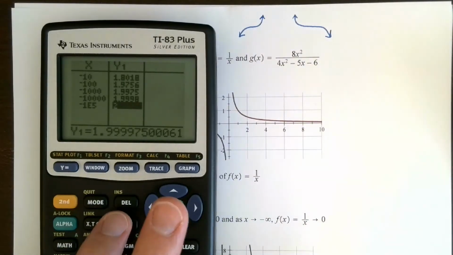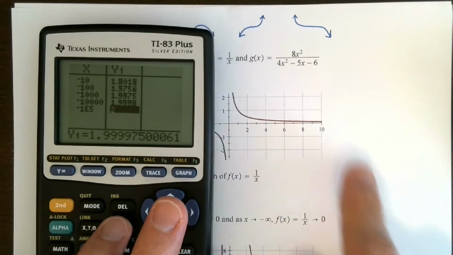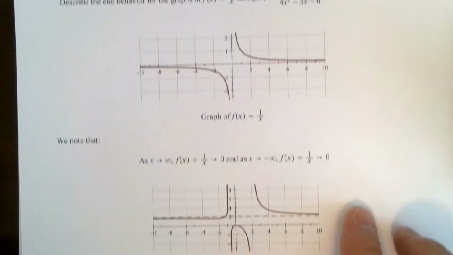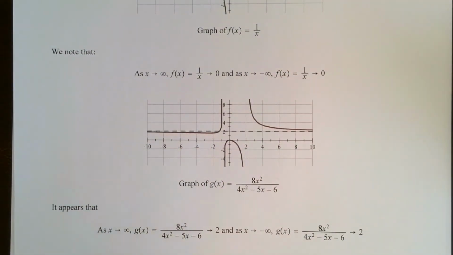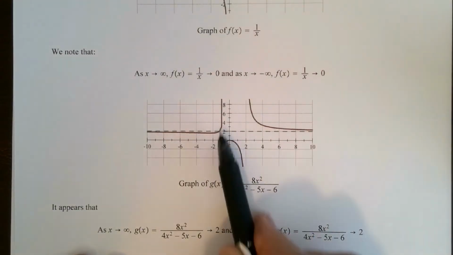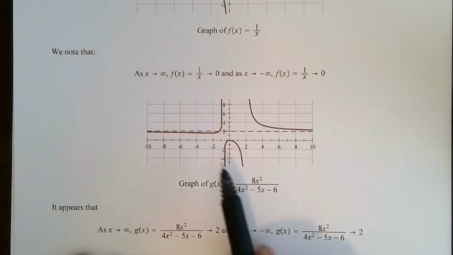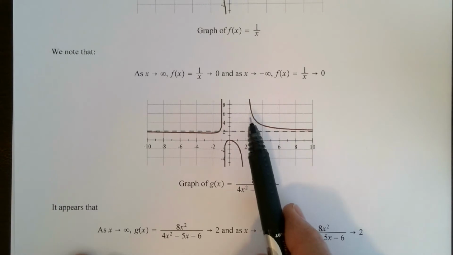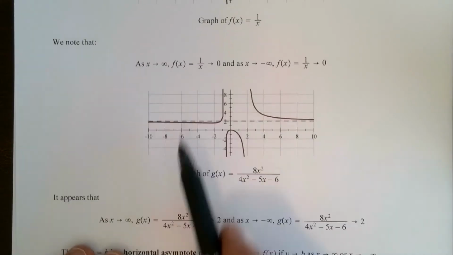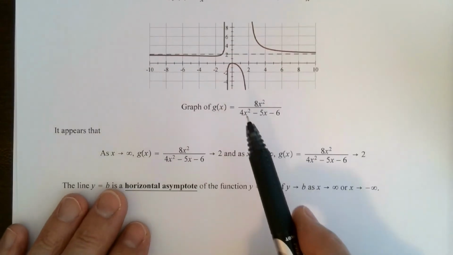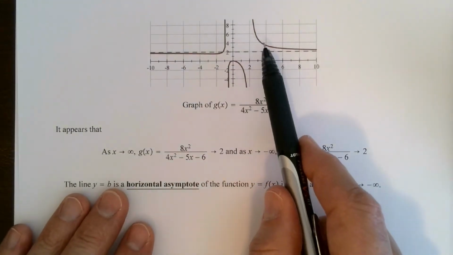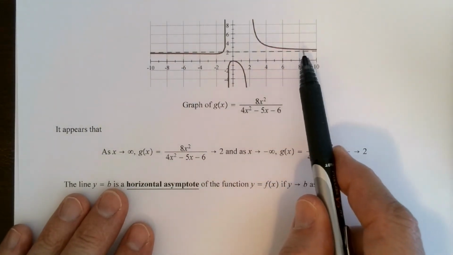Let's take a look now at the graph of this function. We can see it right down here, and as we observed, there are a couple of vertical asymptotes again. We're not talking about vertical asymptotes now, but notice as x goes to infinity, this function g of x is getting closer and closer to 2, but was always a little bit more than 2.